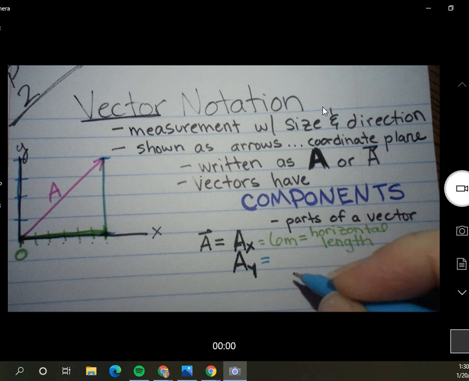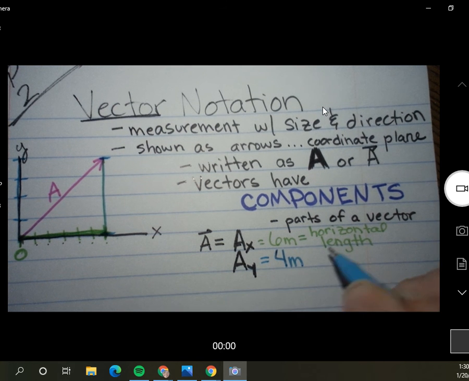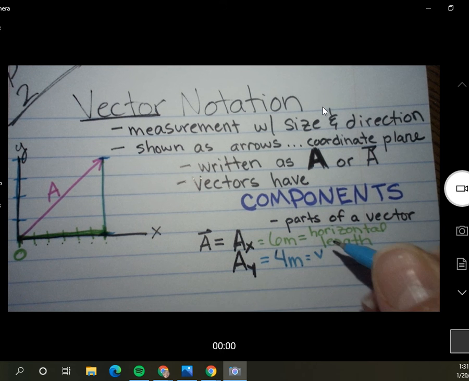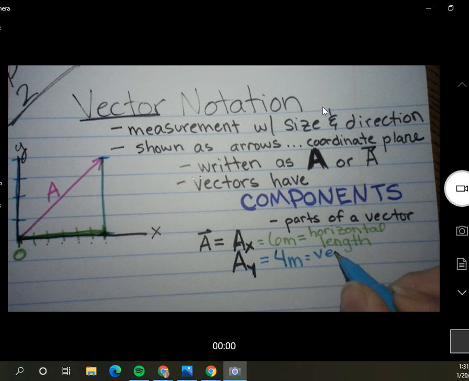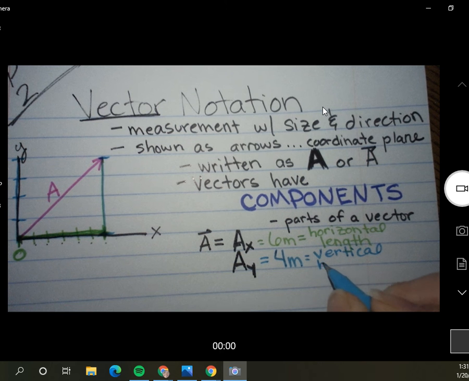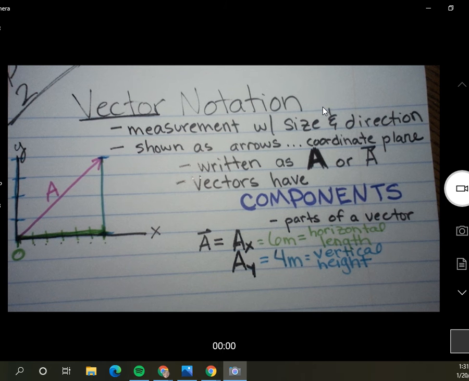Right. In this case, 1, 2, 3, 4. It is the vertical height, or vertical. Okay.